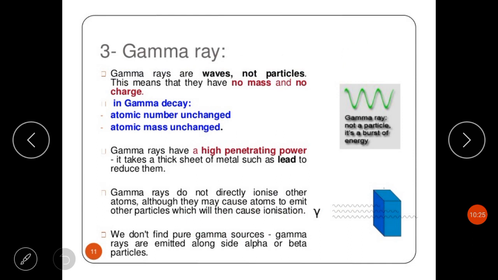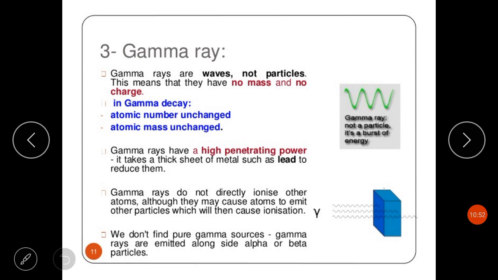The next is gamma rays. Gamma rays are not particles like alpha particles and beta particles. Gamma rays are a high energy form of electromagnetic radiation like X-rays, except gamma rays are more powerful. Gamma rays are energy that has no mass or charge.